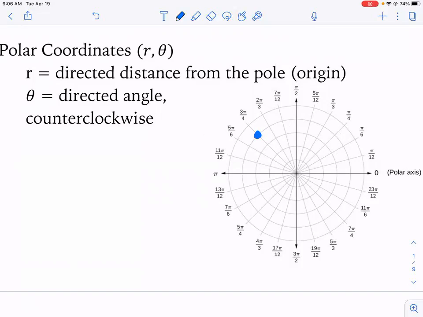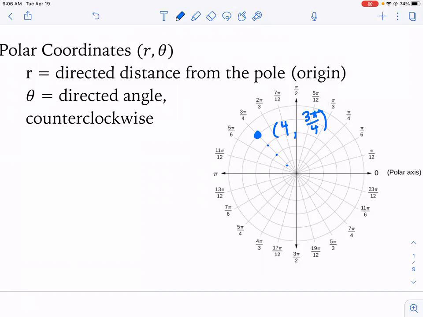This coordinate right here is lying on the angle 3 pi over 4. Do you see that? We rotated 3 pi over 4 to get there. And then if we count these little circles, 1, 2, 3, 4, we're 4 away from the origin. So this coordinate we would call (4, 3 pi over 4).